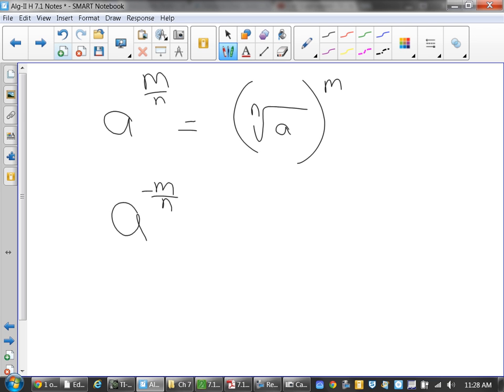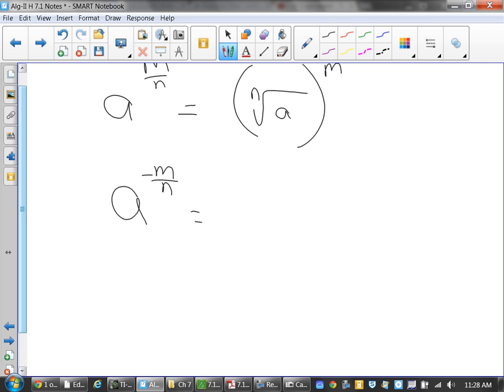What is the rule for negative exponents? This one would be 1 over a to the m over n, therefore gives you 1 over the nth root of a raised to the m.